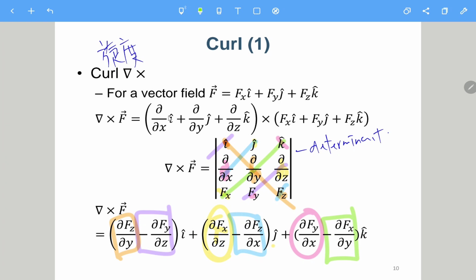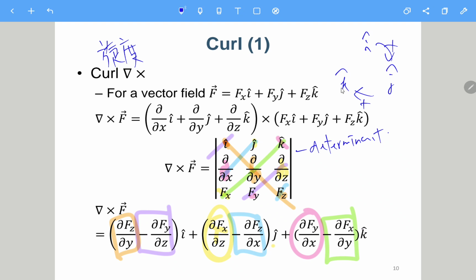Okay, or you can use the distribution. I cross I will be 0, and then I cross J will be 1, and then I cross K will be -1. If you still remember, I have told you that for i, j, k, if I cross J, it becomes K. So it is positive.